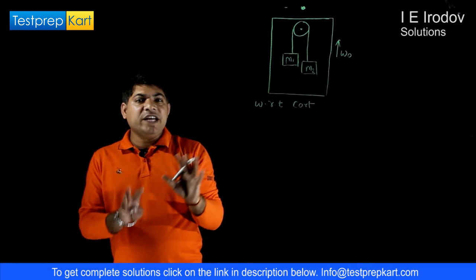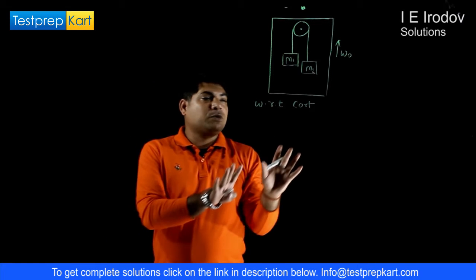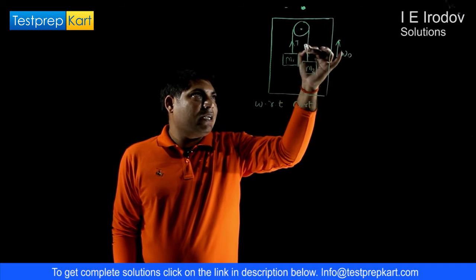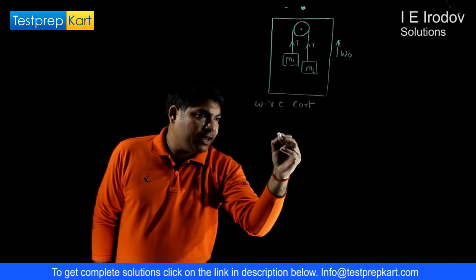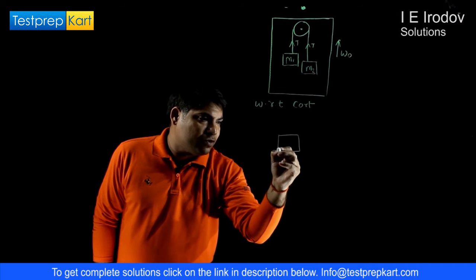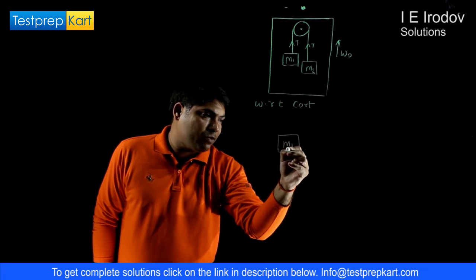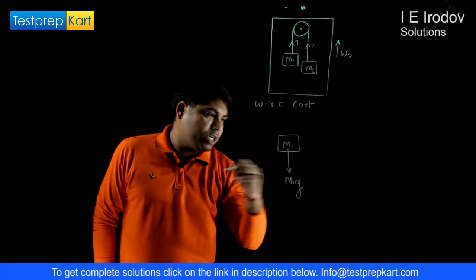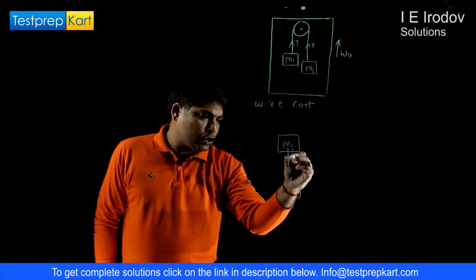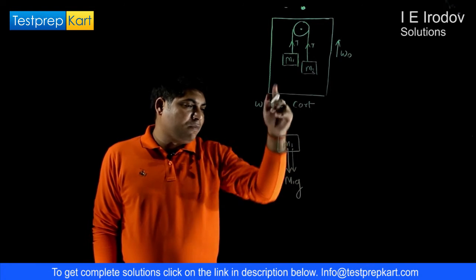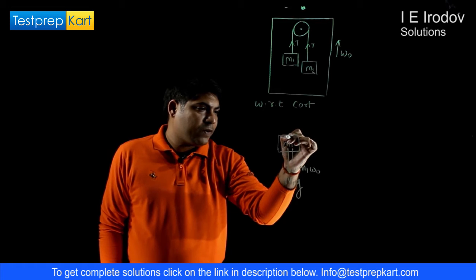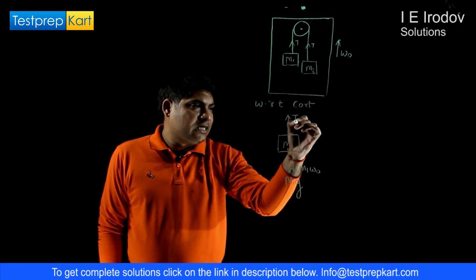So here we need to consider the effect of pseudo force. Let's suppose the tension in this string is T. So the free body diagram for mass M1 would be: mass is M1, there is a force due to gravity, M1 into G, and a pseudo force because the frame is non-inertial, so this is M1 into omega naught, and the tension is T.